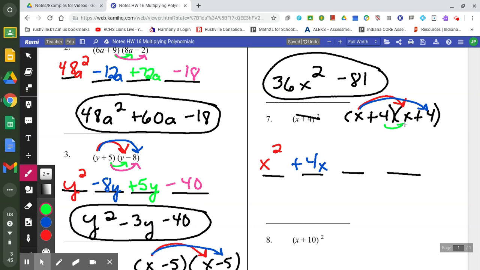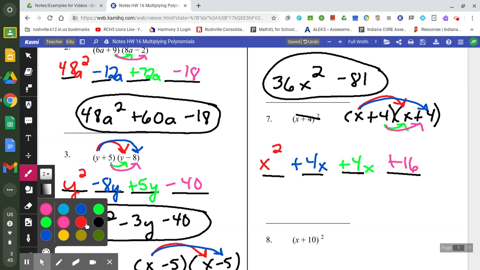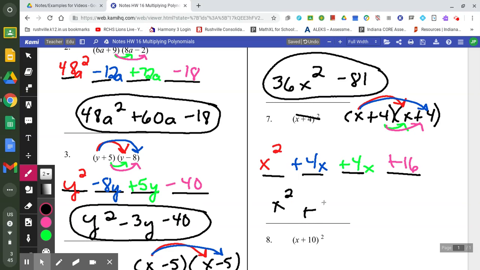Inside, 4 times x, positive 4x. And last terms, 4 times 4 is positive 16. I have middle terms that are alike, so x squared plus 8x plus 16.